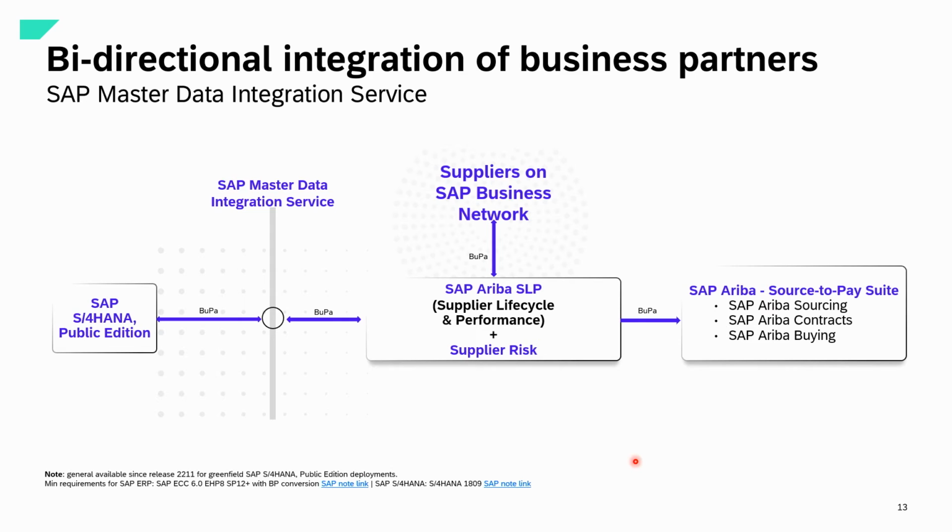On that slide, we see the high-level system landscape of the customer landscape ultimately. On the left side, we see the S/4HANA Public Cloud Edition. In the middle, we see the Ariba SLP, which is the Supply Lifecycle and Performance Management module. And we see the Ariba Source and Pay Suite, which is basically Ariba applications like sourcing, contracts, and buying.